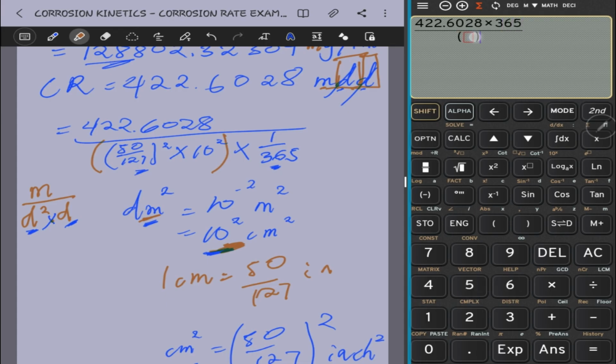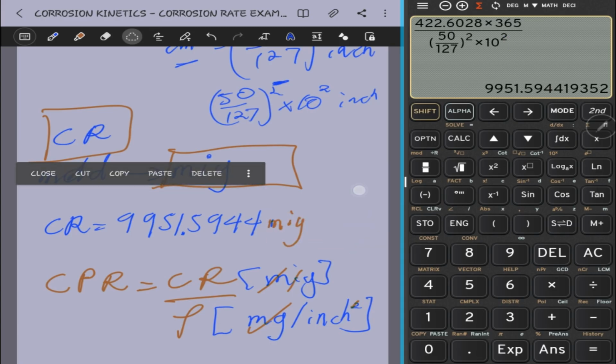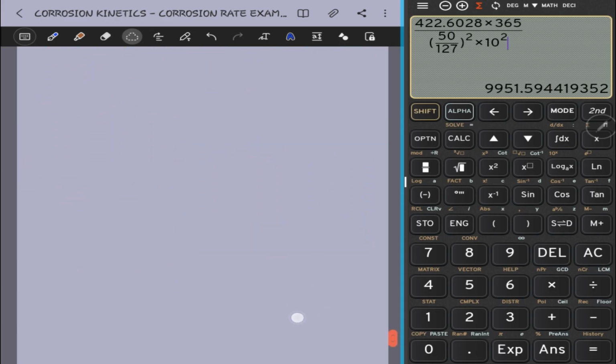And here is 50 on 127 squared times 10 to the power 2. Right. So that's 9951, and the rest are decimals, right? So let's see, 1, 2, 3, 4. So that means this goes out, and I end up getting this unit here. So that's what we are supposed to use.